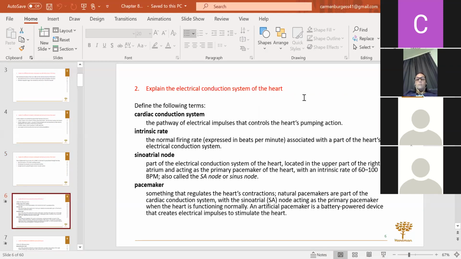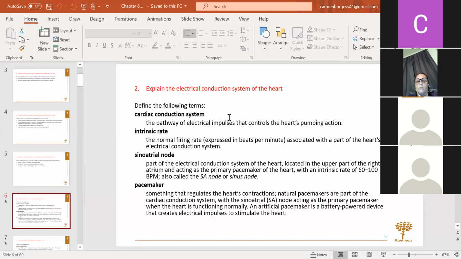Okay, so we have to know this. This is a memorization, but I think you want to define this to yourselves and know it, because, like I said, everything in this class builds on each other. So we know electrical and mechanical, but these are the words we're going to use and continue to use for like ever. So cardiac conduction system, when I ask you that, just break down the term.